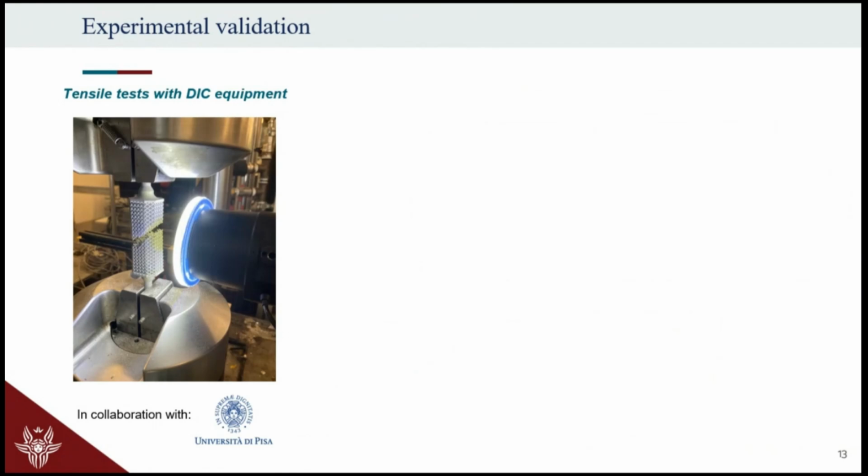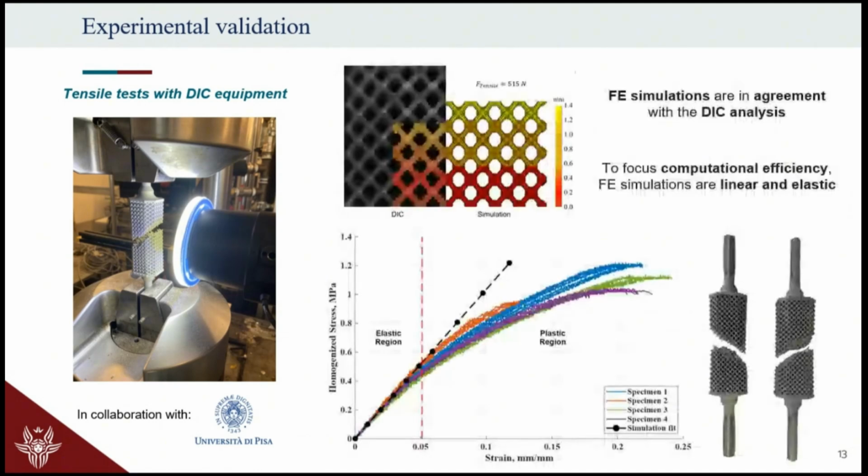I would like to thank my colleagues from the University of Pisa for taking these measurements, because they also used the DIC equipment in order to compare the actual deformation that we measured during the testing of the specimen with respect to the simulation that we conducted. So these are the displacements that we have in the experimental component and the, let's say, digital twin of it.